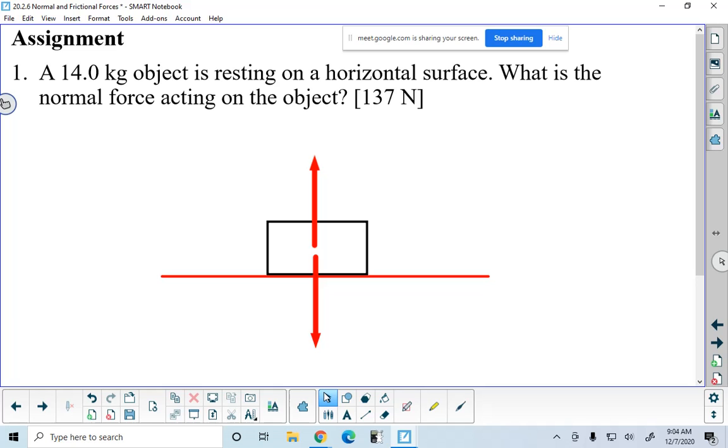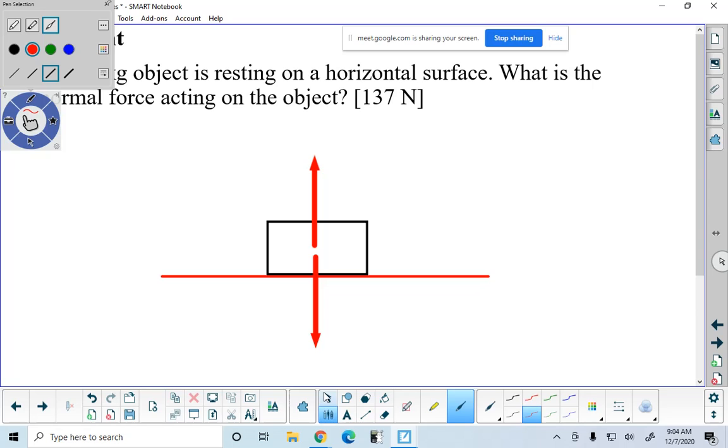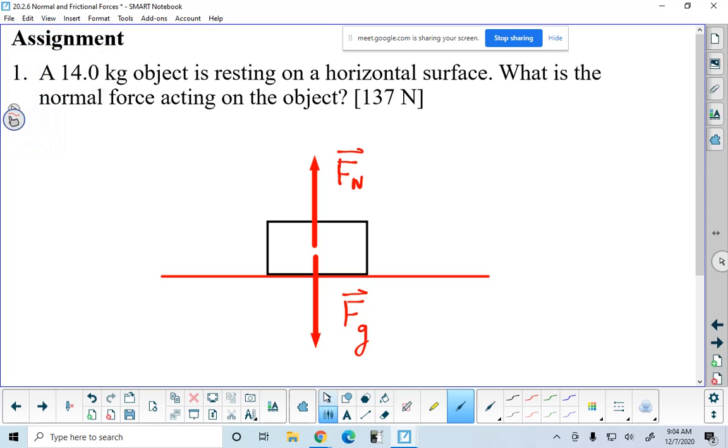So what does that tell us? It tells us that the gravitational force that acts downwards is equal in magnitude to what we call the normal force acting upward. And again, this may seem picky, but it shows a really good understanding of what's going on. If you were to write this, then that would be incorrect.